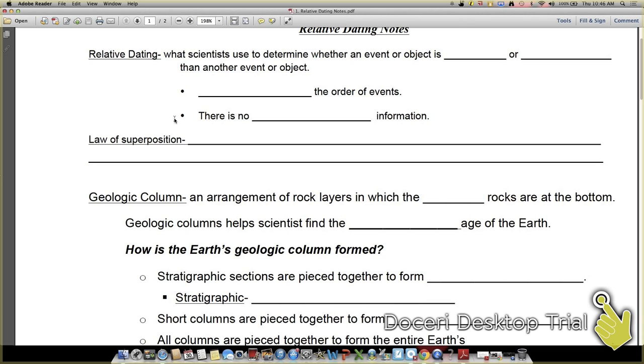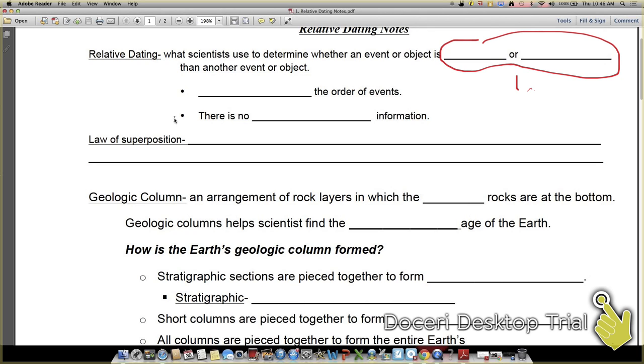All right. Relative dating is what scientists use to determine whether an event is blank or blank than another event. So we're going to be filling that in for number 1. You should have the word blank, then the word or, and then the word blank. You should be writing down 3 words.